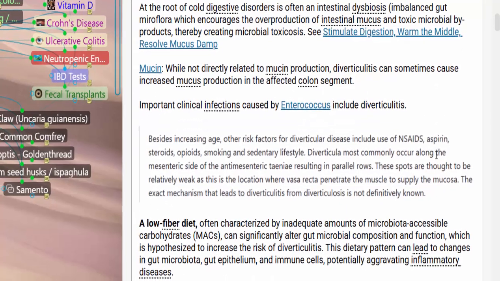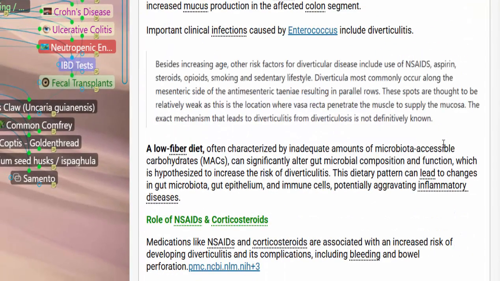A low-fiber diet is considered another cause that's characterized by inadequate amounts of microbiota-accessible carbohydrates, and the consequence of a low-fiber diet can be altered healthy gut microbial composition and function because they eat that low fiber, and if you starve them out, the bad guys start to come in.